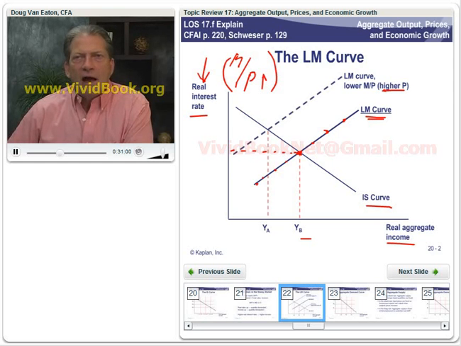So at a higher price level, we've got a lower real money supply. If we decrease the real money supply, we get a new set of equilibria in the money markets, and that's this second LM curve here that intersects our IS curve right here.